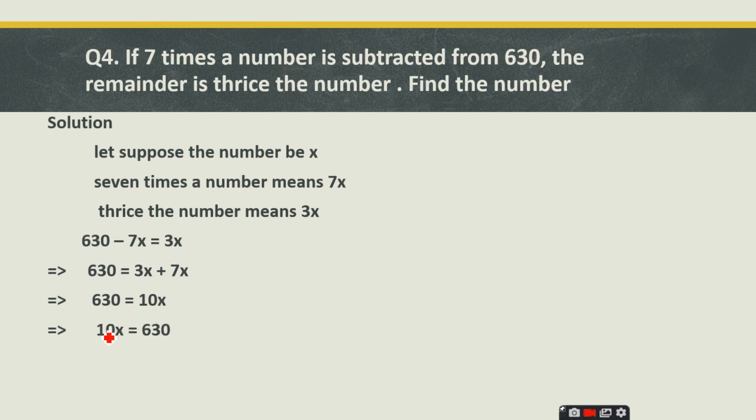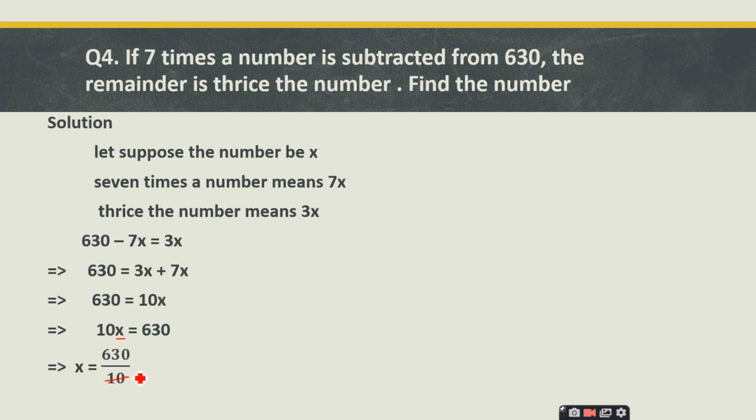Or we can write it as 10x is equal to 630. Both are the same. Now we have to find x, and for this we have to transpose 10 to the right hand side. 10 is multiplying by x, and when we transpose it, it will be dividing 630 like this.